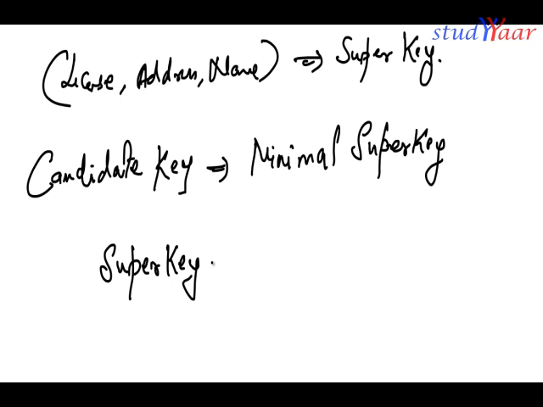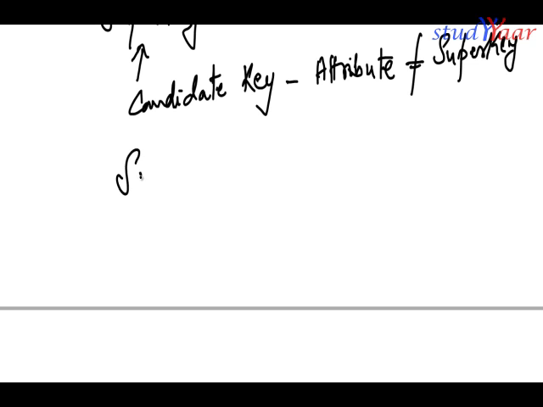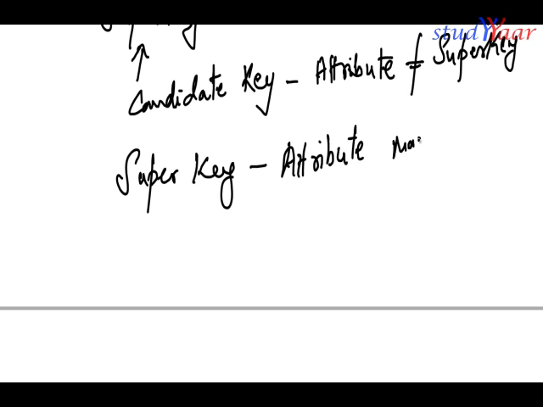So if this is a candidate key, then candidate key minus attribute is not equal to super key. And a super key minus attribute may be equal to super key. Let's see how.